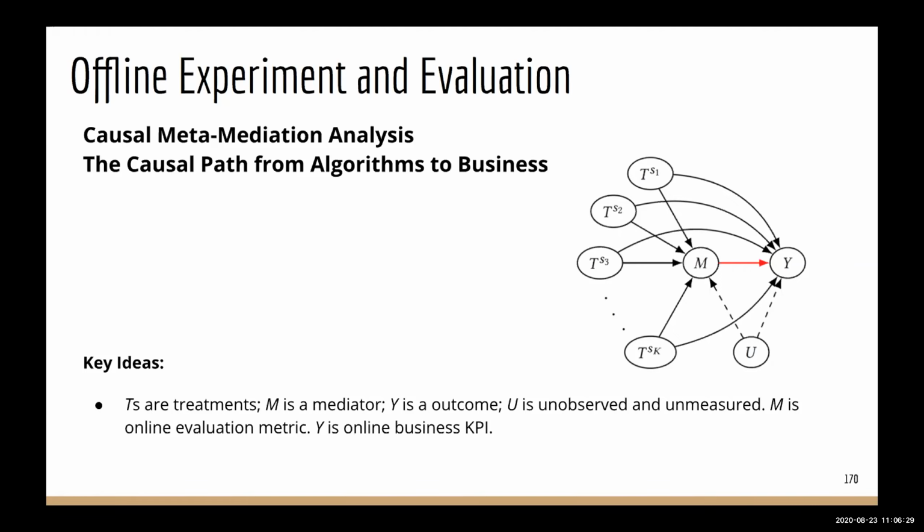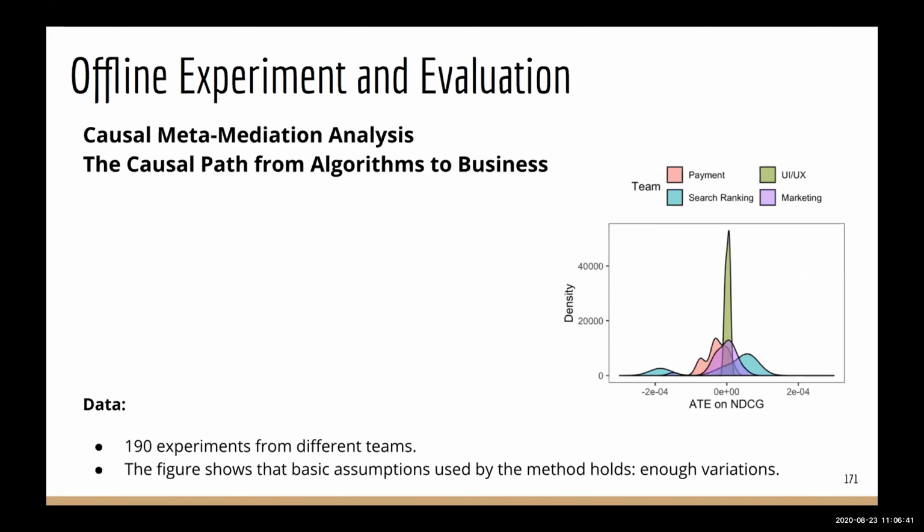And please check out the paper for details with regard to how this result is derived. We also have the code published on GitHub. But just to give you some idea, what kind of data are we utilizing? We are utilizing 190 experiments from different teams, right? There are some UI changes, some search ranking changes, some payment changes, some marketing changes.